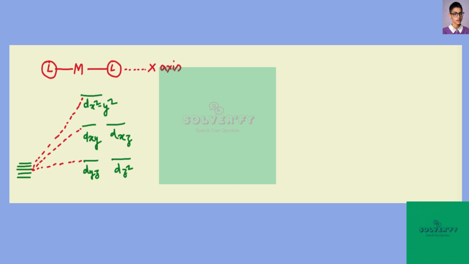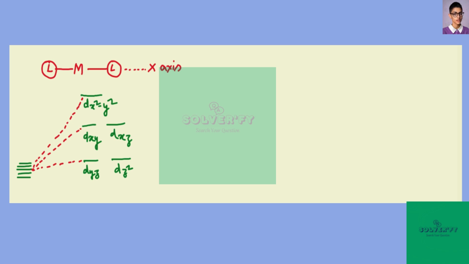So actually the splitting of the d orbitals takes place due to the interaction of the metal and ligand. If the repulsion is more, the energy of that orbital should be more, and repulsion is maximum when the ligand is coming along the x-axis.